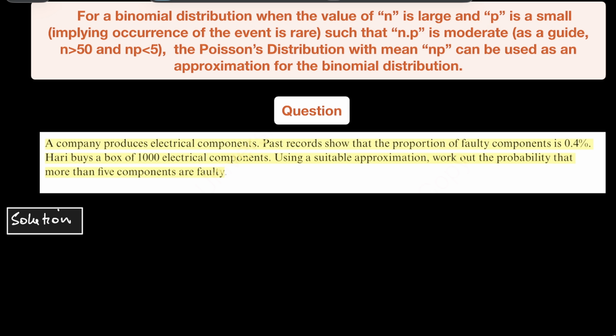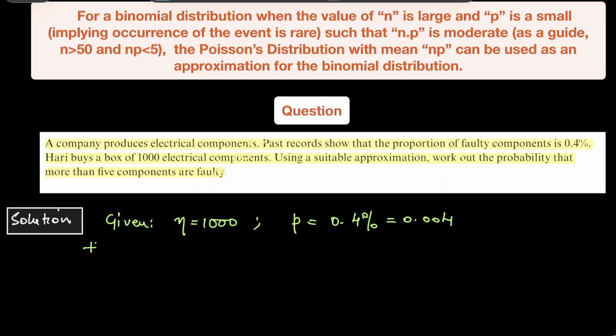So the given conditions are: number of components taken as 1000, and the probability of success is given as 0.4, and it is given in percent. So first of all, I will write this percentage in decimals. It becomes equal to 0.004, right?